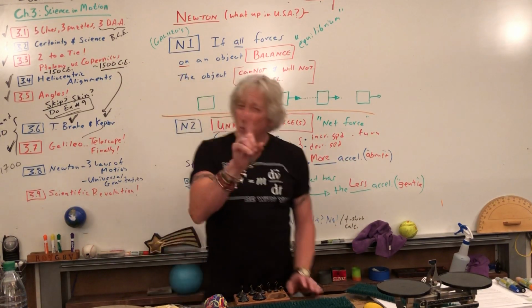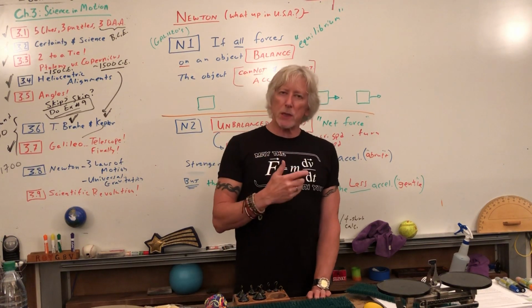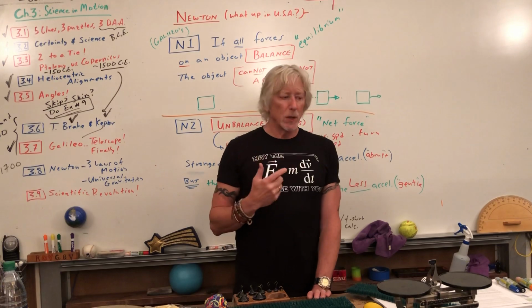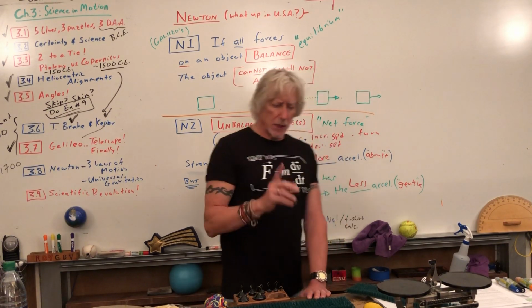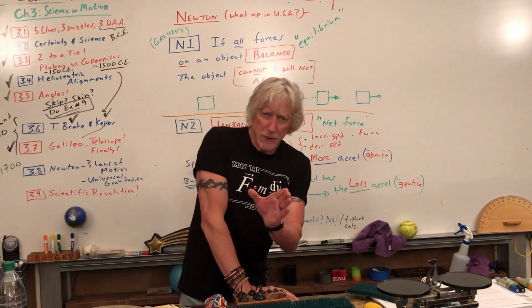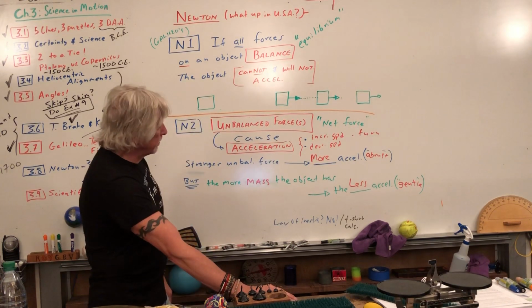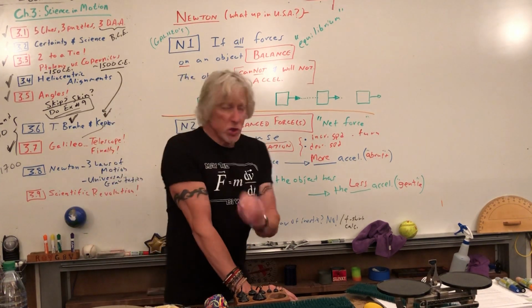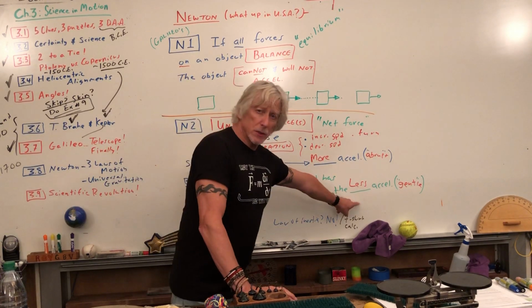Okay, so one more little thing. It's kind of a big thing. This is tricky. And so people fall into just repeating the words, but try to see it. And if you think about it, where does mass come into play? It comes into play as inertia right here. More mass, less acceleration.